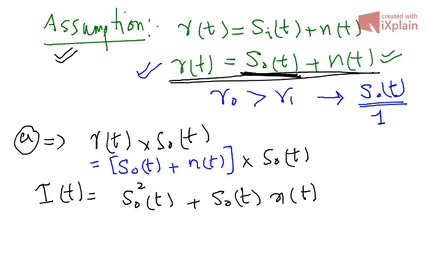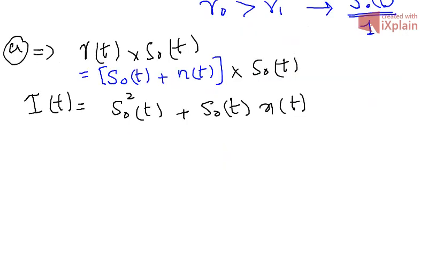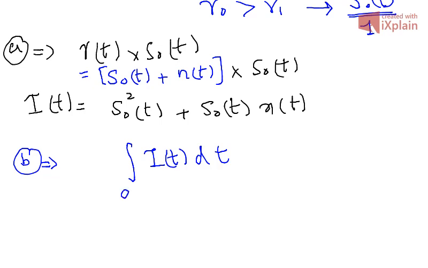The output of the integrator is the signal at point B actually. The signal at point B is the integral of this product, from 0 to t, instant t, the integral of this product.